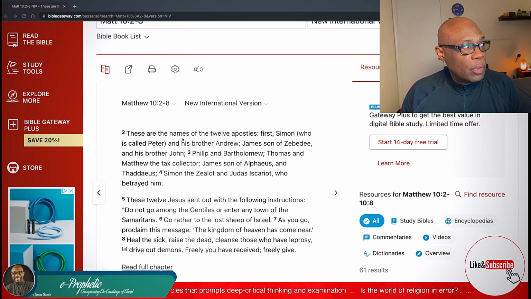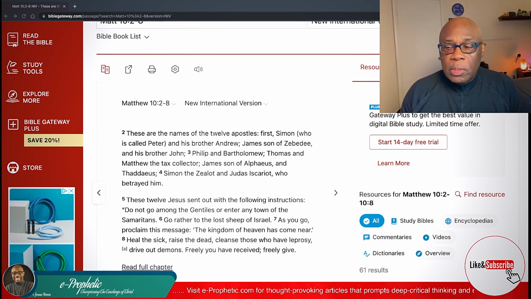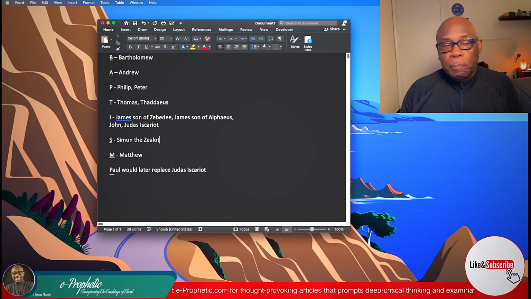First, Simon, who is called Peter, and his brother Andrew, James, son of Zebedee, and his brother John, Philip and Bartholomew, Thomas and Matthew the tax collector, James son of Alphaeus, and Thaddeus, Simon the zealot, and Judas Iscariot, who betrayed him." Now, let me show you a memory aid here.